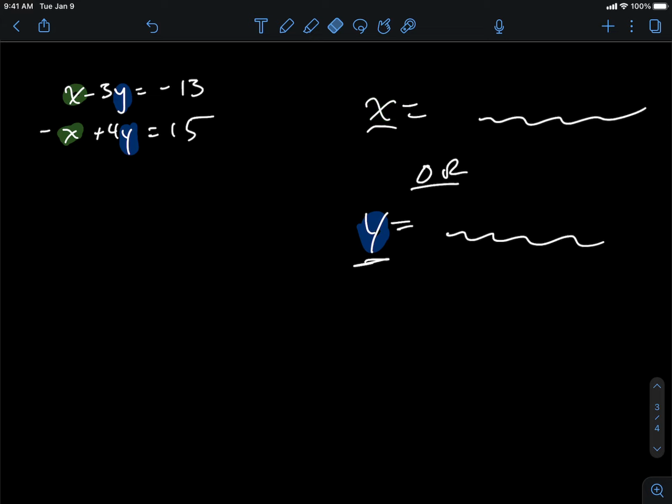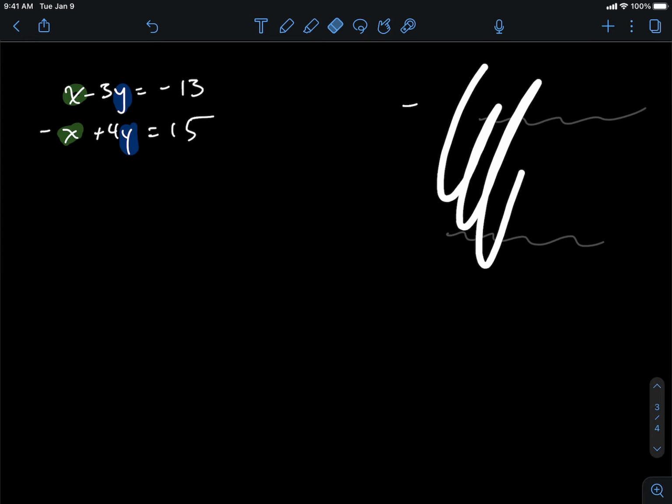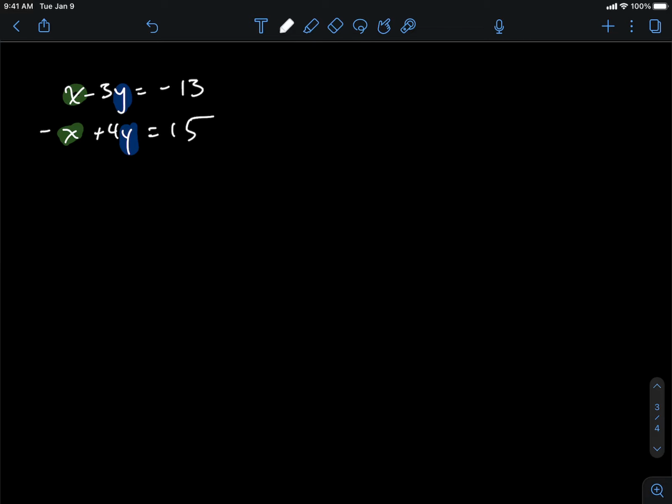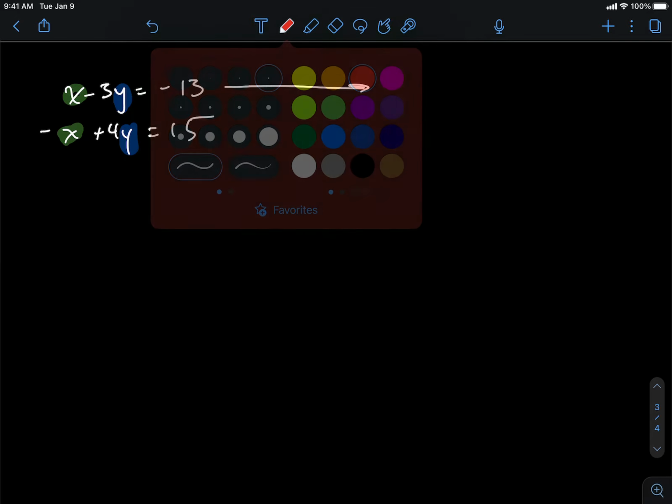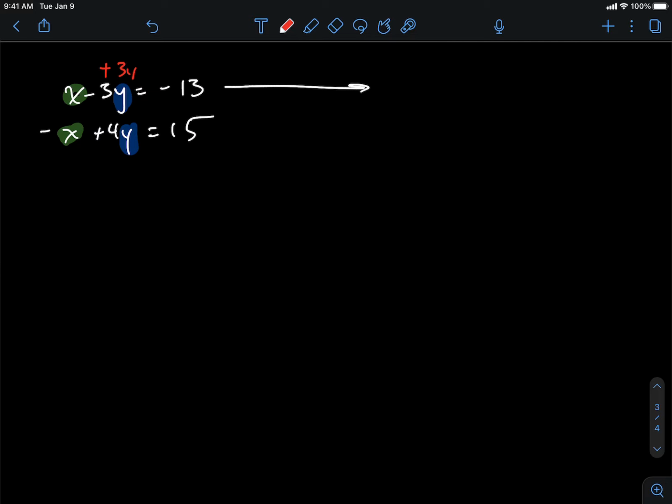If I look at the first equation there, I think if I were to add 3y to both sides, that would create a zero pair, and I'd be left with x equals negative 13 plus 3y. Would you agree?